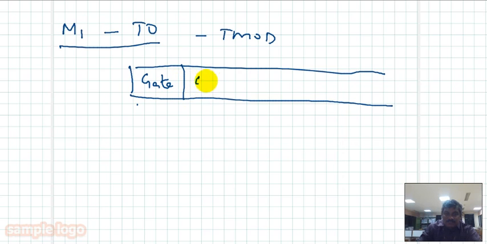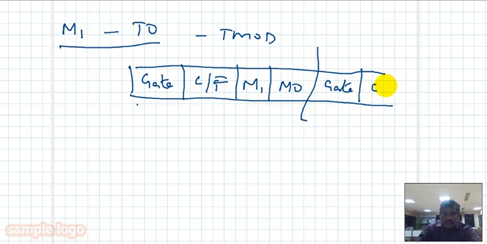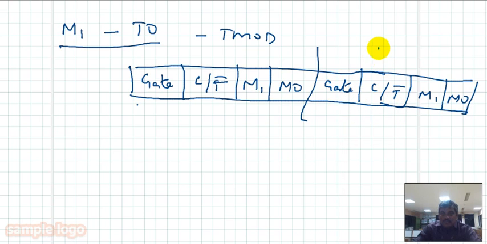And the register has 2 sets of 4 bits, and the same 4 bits is also available for both the timers. The lower 4 bits is used to configure timer 0, and higher 4 bits is used to configure timer 1. So this we have seen in the last lecture.